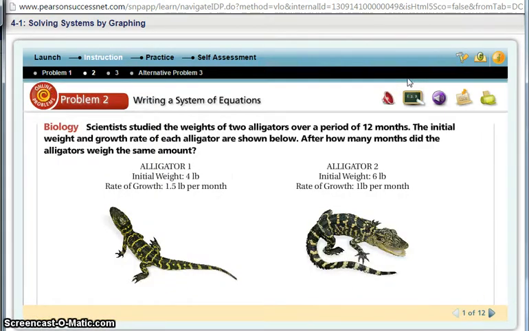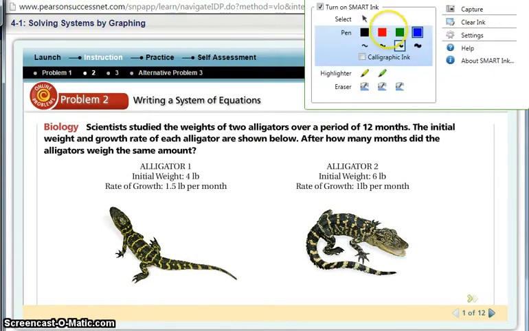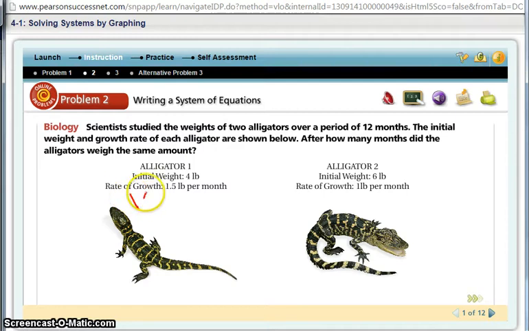All right, so we know that the initial point, you guys said, is our y-intercept, and the growth is our slope. So here we have y equal to what? Who can tell me? Emily? 1.5x plus 4, because x represents months.